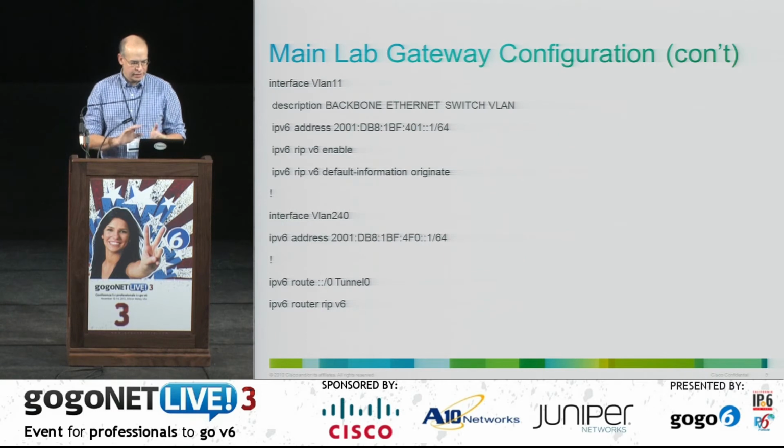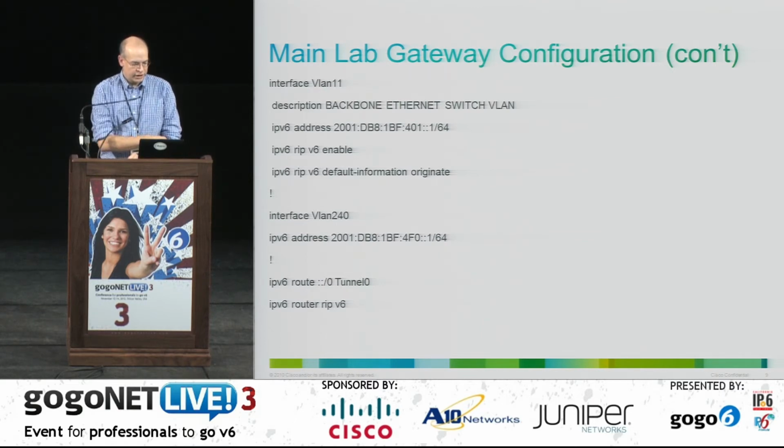We just kept the IPv6 RIP to go along there, and made sure to originate the default route so that everybody could connect back. And we'll see an example of an intermediate gateway configuration coming up here.